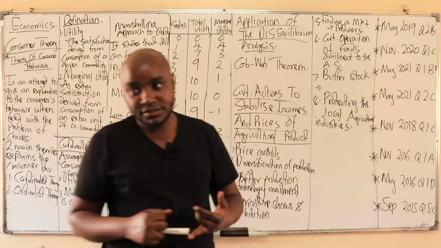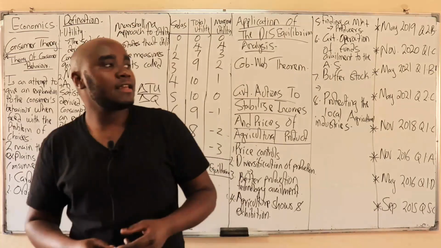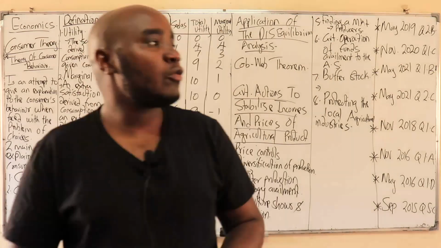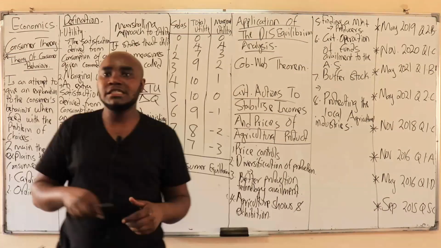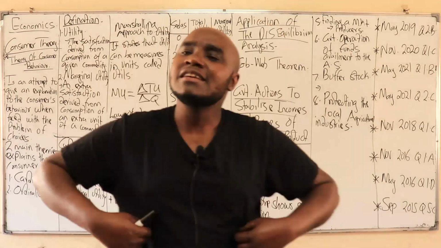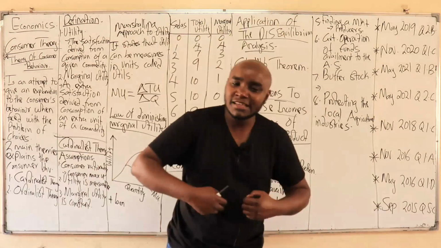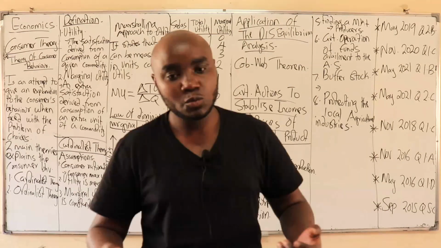Is it? That's the layman's way. Meaning that at equilibrium, it's a situation whereby your marginal utility of that commodity will be equal to the price of that commodity, whereby you feel satisfied in such a way that you can use this money to buy something. You see?